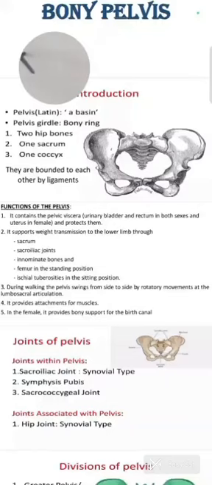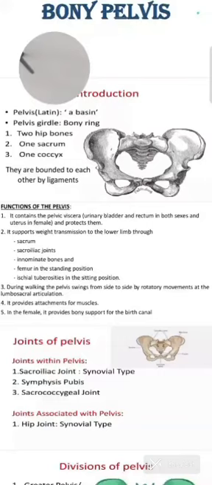And the second main function is that the pelvis supports weight transmission to the lower limb through the sacrum, sacroiliac joint, innominate bones and femur in the standing position, but through the ischial tuberosity in the sitting position.